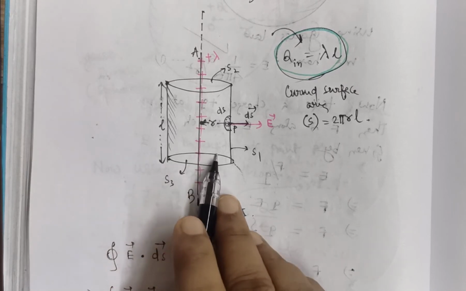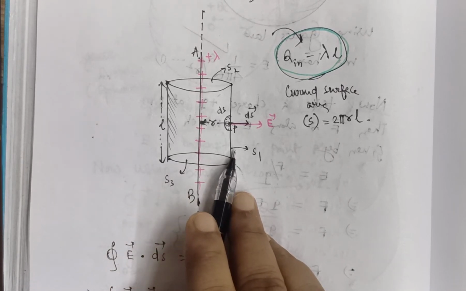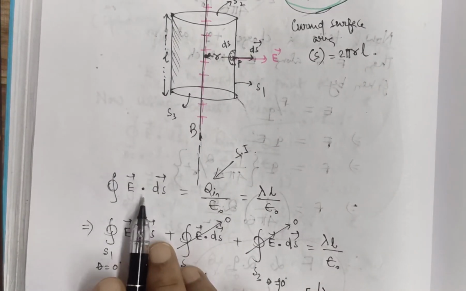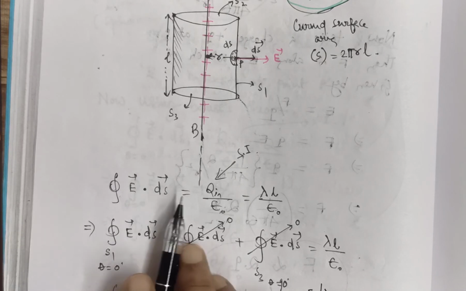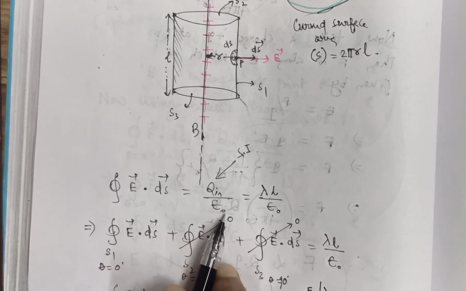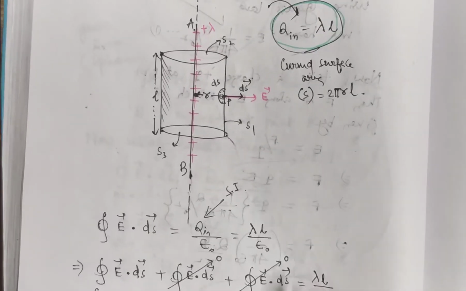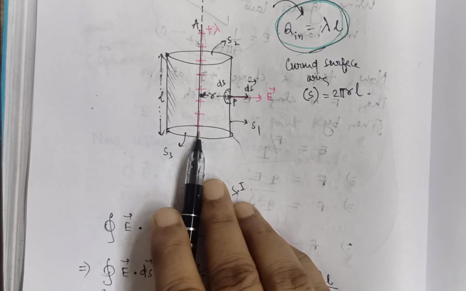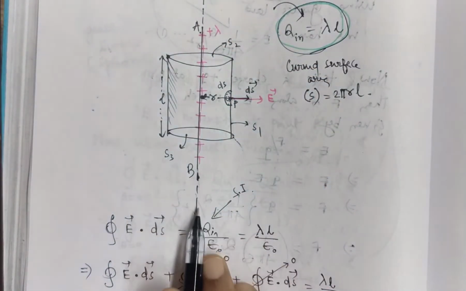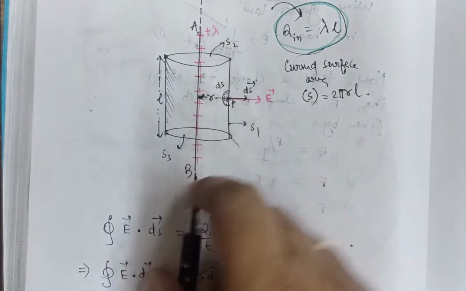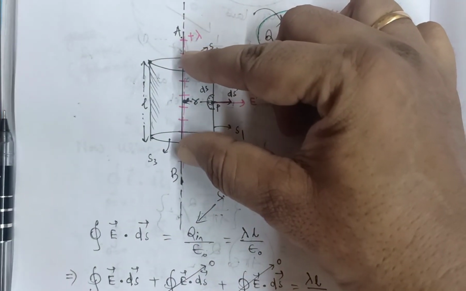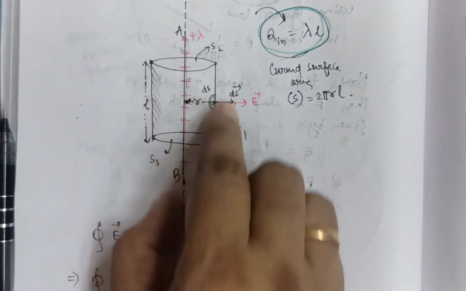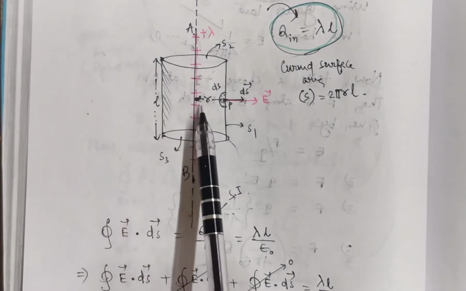When we use the Gauss theorem, we have to calculate the closed surface integral of electric field intensity, which is equal to q in by epsilon 0. Now look at the figure. How much charge is kept inside the Gaussian surface? The question is given for an infinite line, but in your Gaussian surface the charge is distributed along this length L, because the cylinder length is L and radius is r.